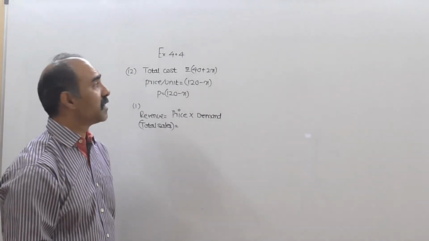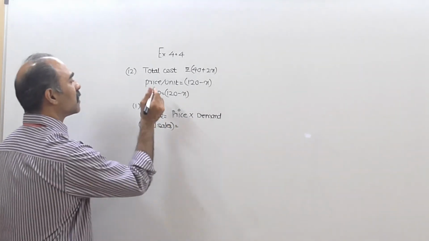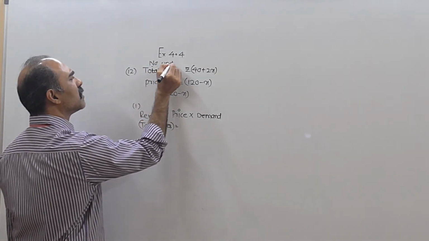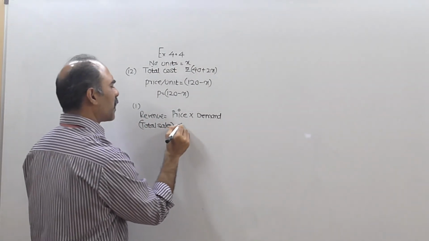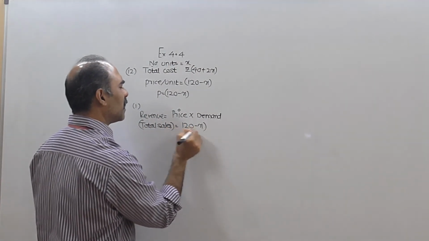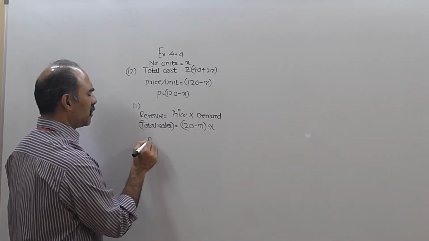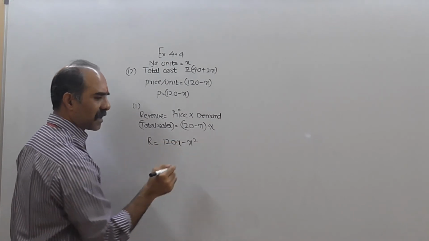Demand means number of units. And if you check in the question, it is given that they are manufacturing X units. So I can write here number of units equal to X. So the price is 120 minus X, and the demand is X. So R equal to 120X minus X square.